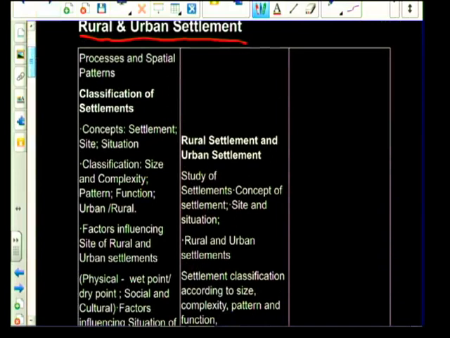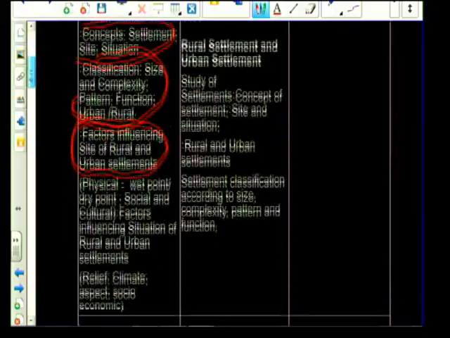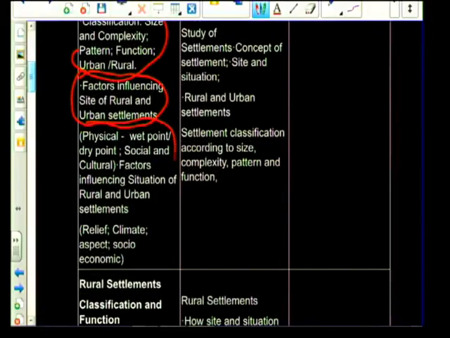Similar things here also. Your concept of site and situation, your classifications, your factors influencing, all these things from the old curriculum of NCS, still there, okay? Your wet point, dry point settlements, all these factors, all found in this.